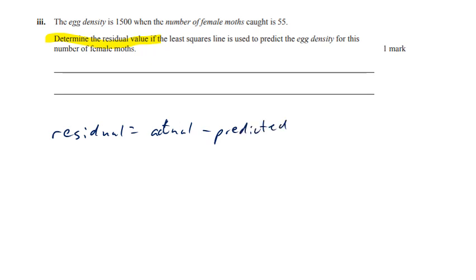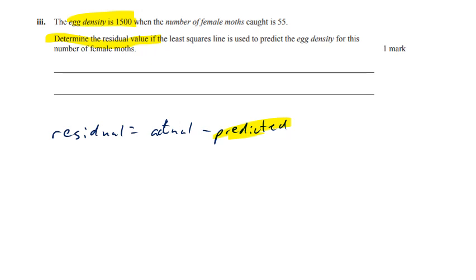Now, they have given us the actual number, this one, 1500. We've got to find the predicted. So the predicted is basically putting the numbers into that equation.